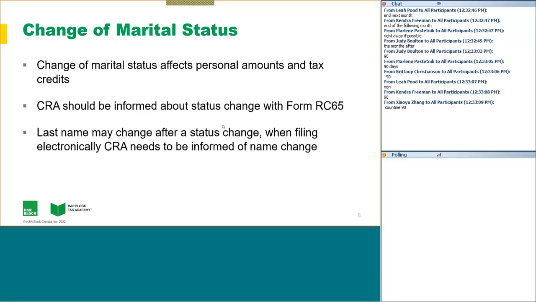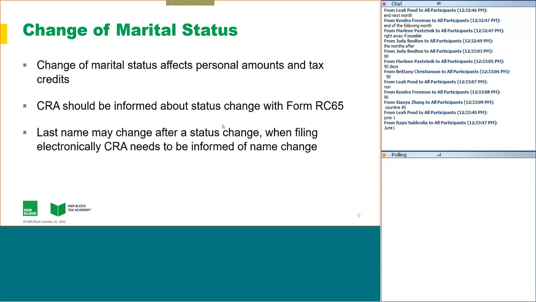But what will the date of the separation be on the RC65? They separated on June 1st. We've waited 90 days so that the CRA will agree that they're still separated. The date will be June 1st. That is one that people get confused. The separation started on June 1st, and the RC65 notifies the CRA of it after the 90 days are up.